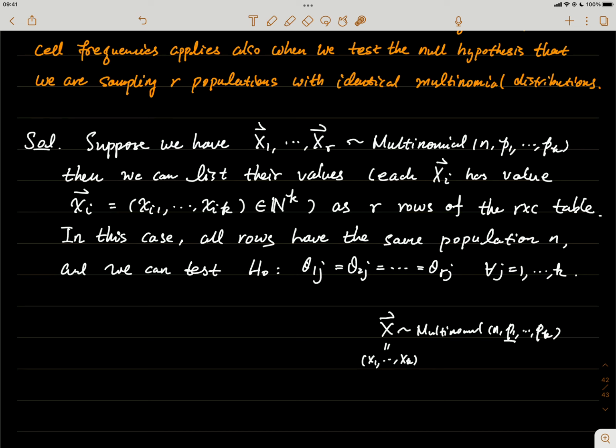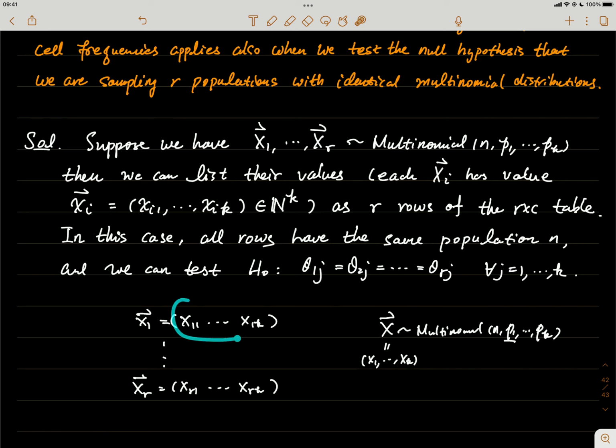But anyway, when we have observations, we have R observations. R is just to be aligned with the R by C table. So there are R rows. Now for each of these, we have x1: x11 through x1k. And then we have xr: xr1 through xrk.